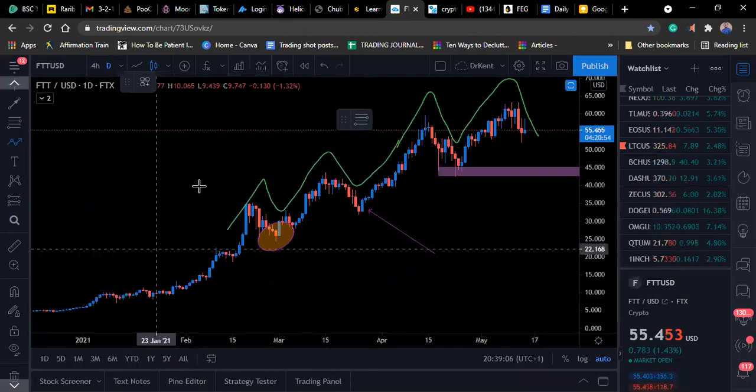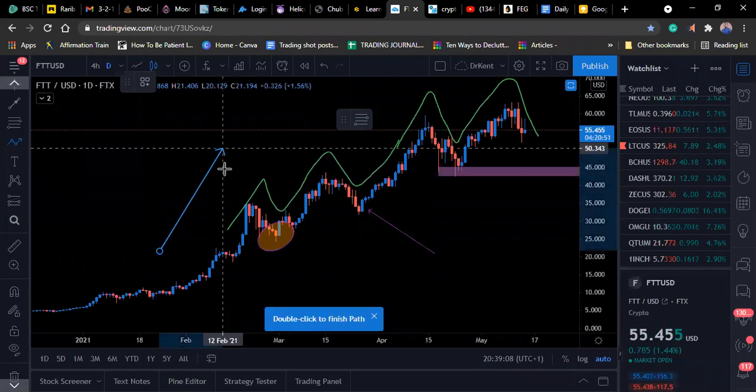Then you can use the path tool to do this.